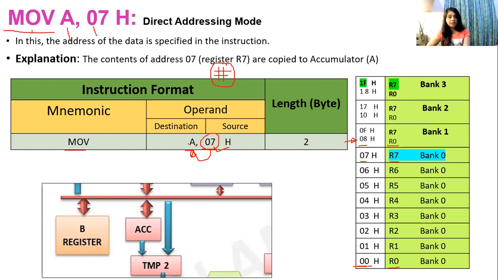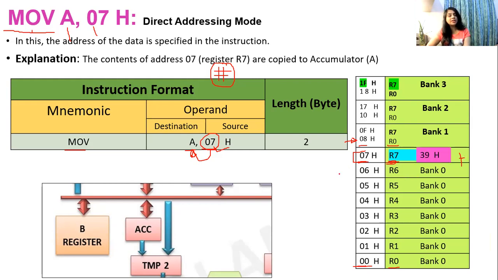So when I say move A, 07, it will pick up the data from address 07. What is 07? 07 is the address of the R7 register of bank 0. Let's assume that this holds 39.